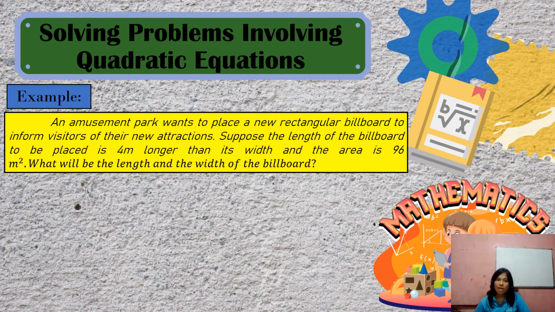Pero, yung gagawin natin dito is we will start with this statement, suppose. Okay? Suppose the length of the billboard. So, yung last mentioned is width. Okay? So, with yung last being mentioned, we're going to let x be the width. Backwards tayo.